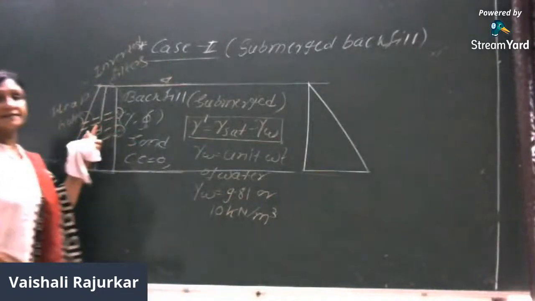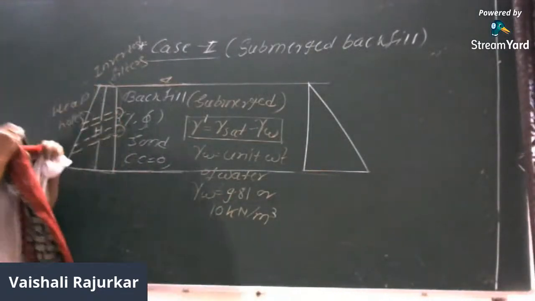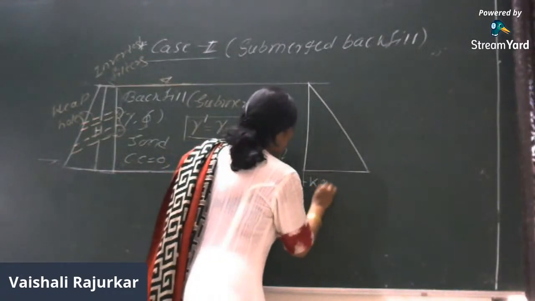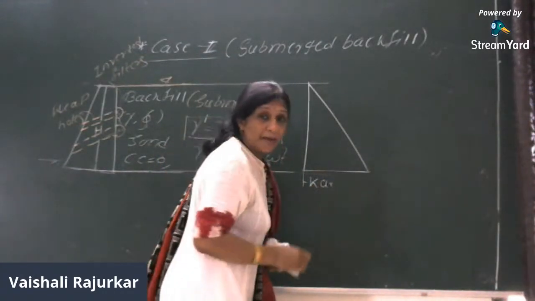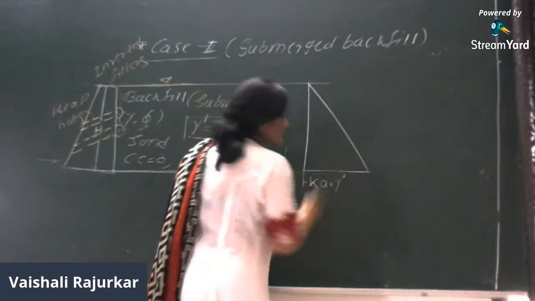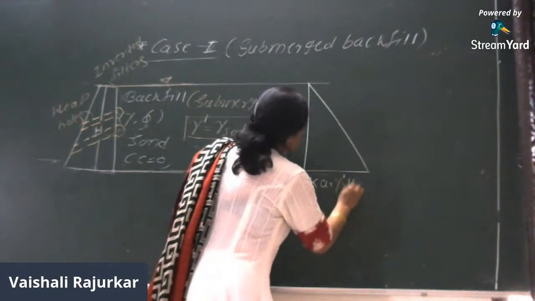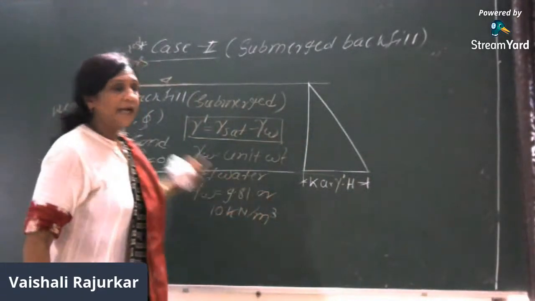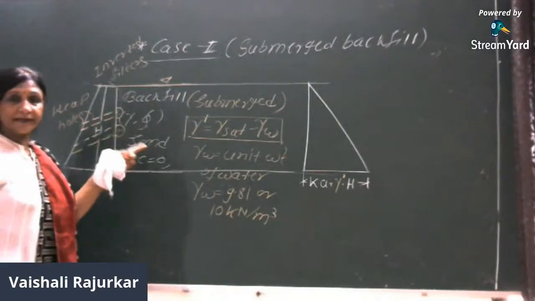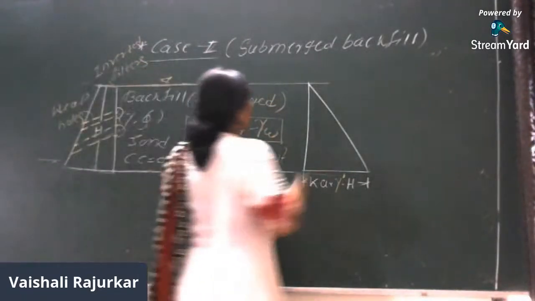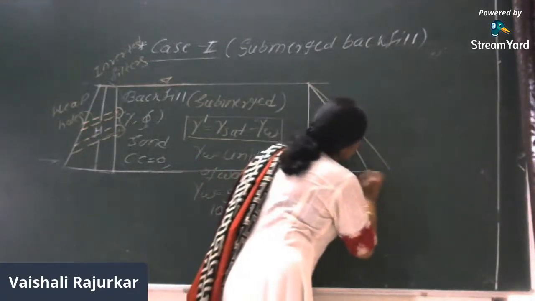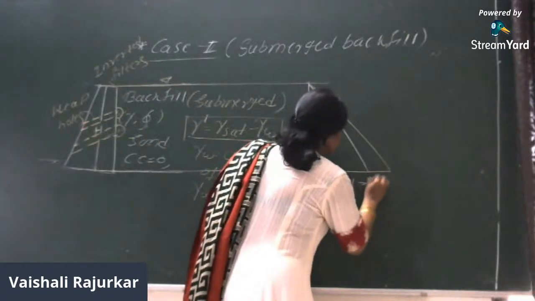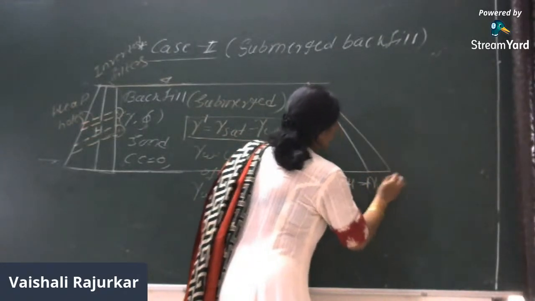Because the soil is submerged, the first pressure is due to the submerged unit weight, and therefore it will be Ka into gamma submerged multiplied by H. In addition to the submerged soil, there is also a water pressure, which also acts in a triangular manner, zero at the top and maximum at the bottom, whereas the intensity is gamma W into H.